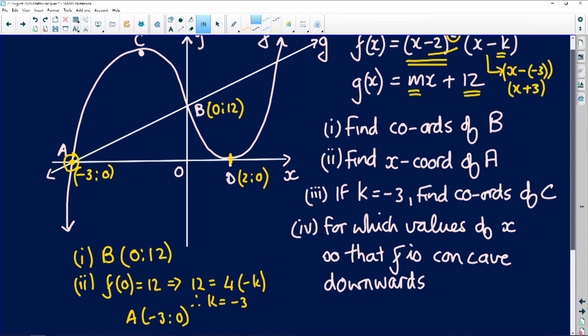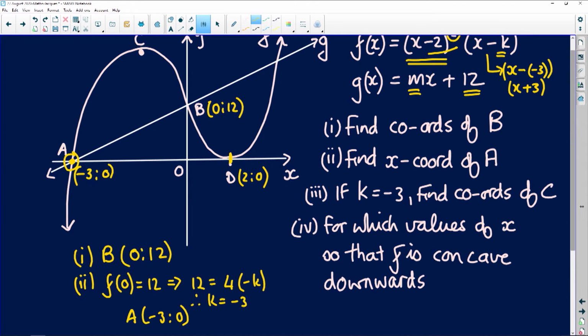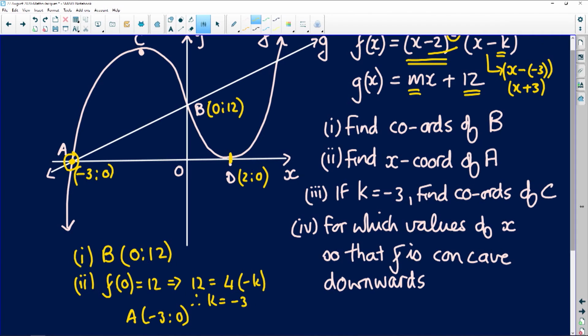Let's go down. There we go. Now we've got A. We've got the other x-intercept. We have both x-intercepts. The only other thing they can ask us is for the turning point, C. Well, let's see if they do. If k is minus 3, okay, so they're confirming that we did indeed do that correctly. Now, let's just say in an exam, you found k to be 2, folks.